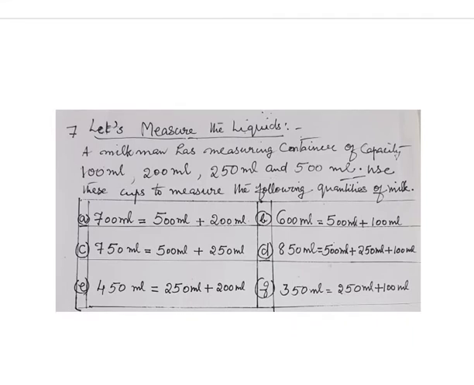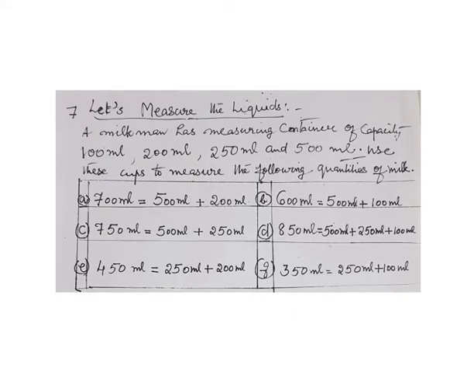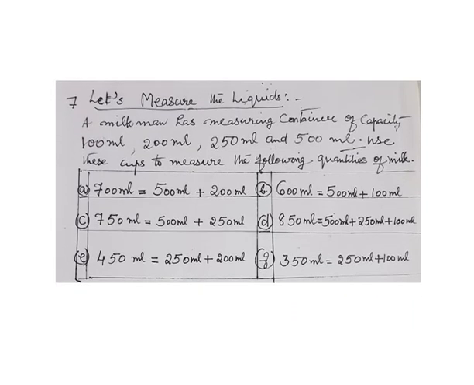Now next question, let us measure the liquids. In this page, the last question. So here, a milkman has measuring containers of capacity 100 milliliter, 200 milliliter, 250 milliliter and 500 milliliter.